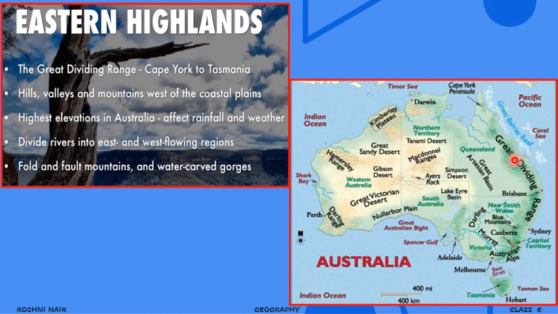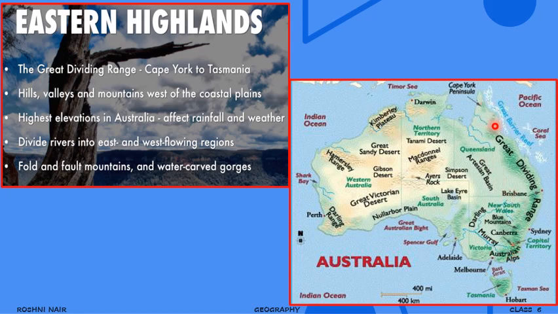So the Eastern Highlands extend from the Cape York Peninsula in the north to Tasmania in the south, and run roughly parallel, or very close, to the east coast. This is the east coast of Australia.